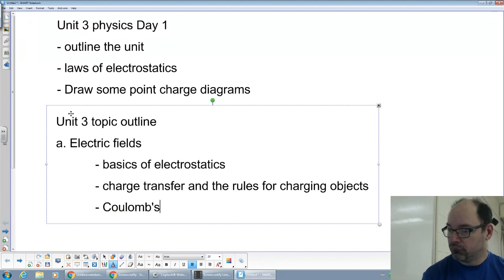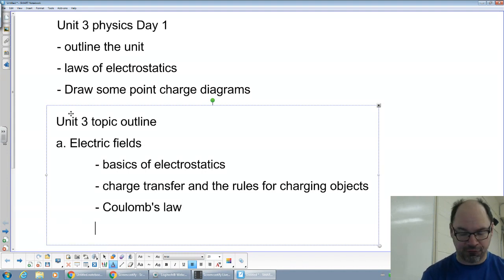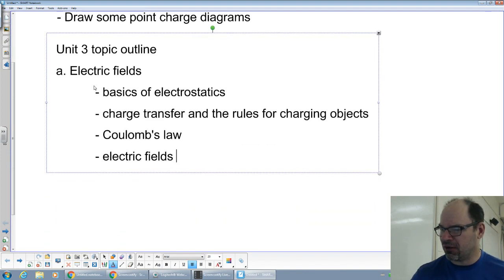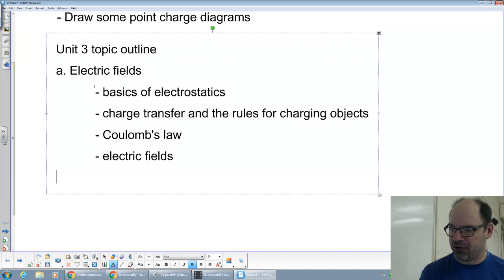And we'll be looking at electric field generation as well, where we want to get to in the end. Okay, so that's the first part. And then we'll have a little assignment finishing up this section.